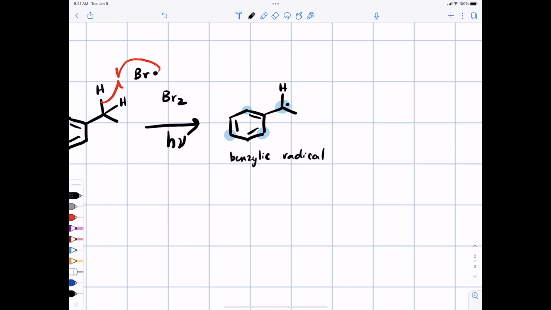The carbon that is adjacent to the benzene ring is called, in general, the benzylic carbon. At least you won't hear that too much, but I may occasionally say it. Once you make that, that is the more stable radical of the other options.